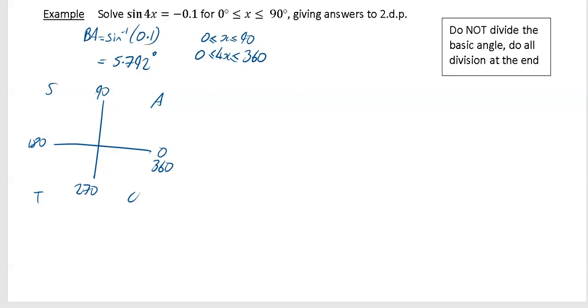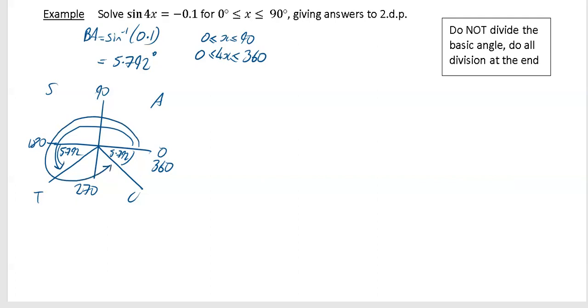Now, our original sine was negative. So sine is negative in here and in here. So I'm going to mark on my angle, which was 5.792. My first angle is going to be round to here. My second angle is going to be all the way around to here.